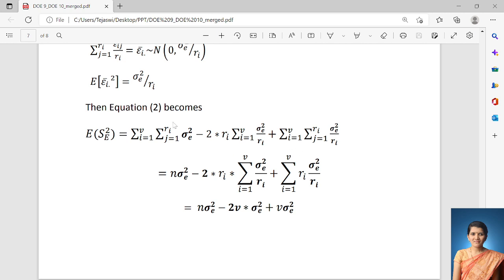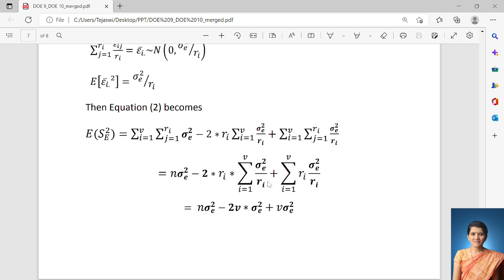By simplification, the double summation is converted into n, so we get n sigma square, minus 2 ri as it is, summation as it is, sigma square as it is. Here the term depends only on i, so the summation over j gives ri, and ri gets cancelled. In the last step, this is n into sigma square.